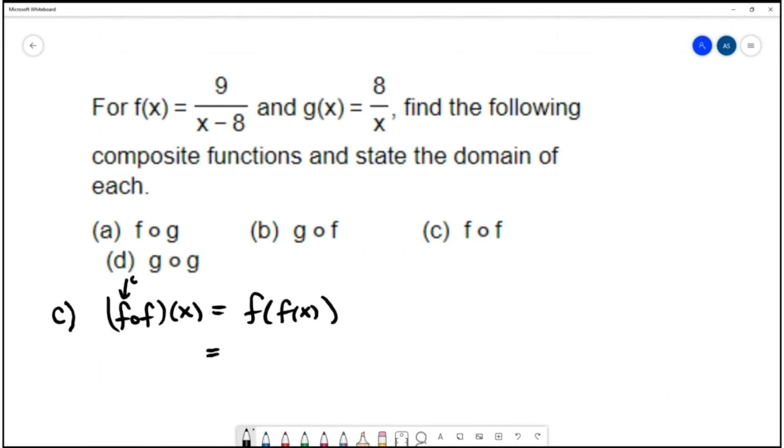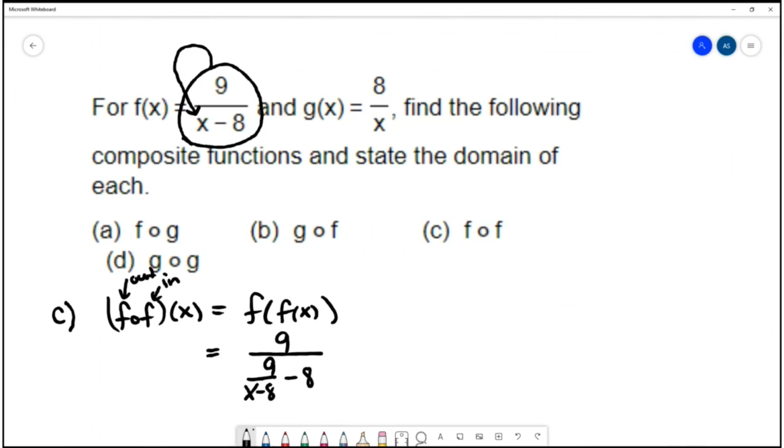So we have f on the outside and f on the inside. So we're taking 9 over x minus 8, and we're substituting that in for x. That gives 9 over 9 over x minus 8 minus 8.